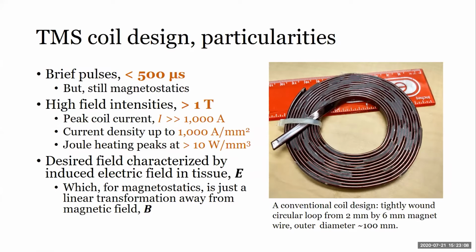And coil current density at the higher end of the range can actually reach 1 kiloampere per square millimeter. Usually it's lower than that, between 100 and 500 amperes per square millimeter. But those all contribute to Joule heating, which is at a ridiculous scale of 10 watts per cubic millimeter.